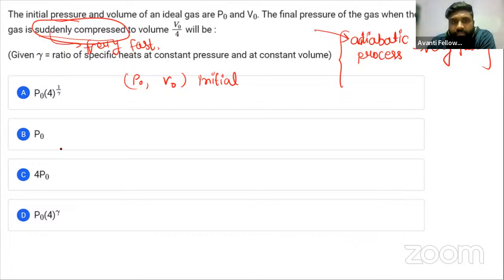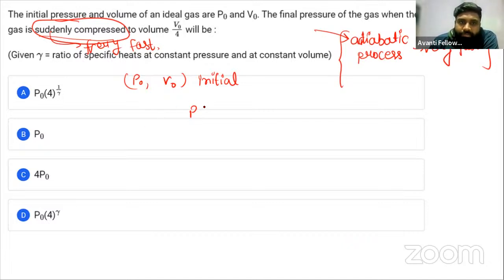Now the final pressure of the gas when the gas is suddenly compressed to a volume V naught by 4. We can say that this process is adiabatic, because this process is going to be very fast. So we can consider it to be an adiabatic process.